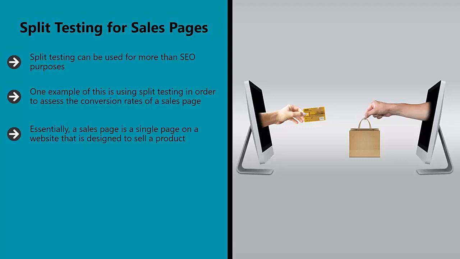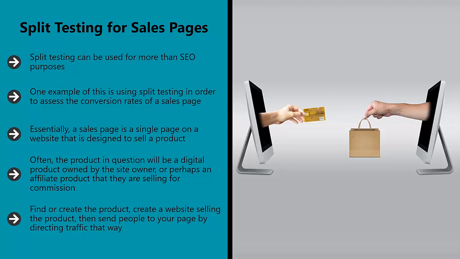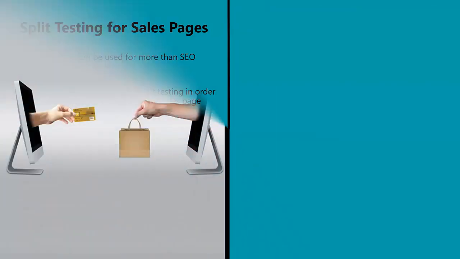Normally, this works by providing a whole lot of text, often in a vertical pillar, that explains the virtues of the product and that slowly reels the reader in until they are overcome with the urge to click buy. Often, the product in question will be a digital product owned by the site owner, or perhaps an affiliate product that they are selling for commission. Either way, this creates an extremely simple business model: find or create the product, create a website selling the product, then send people to your page by directing traffic that way.